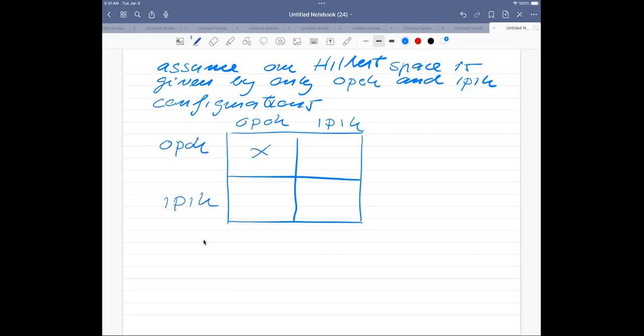So this is the original matrix which we have, and we are putting these matrix elements to be different from zero. This is the pictorial representation of our Hamiltonian matrix, if we assume that these are the only configurations which exist.